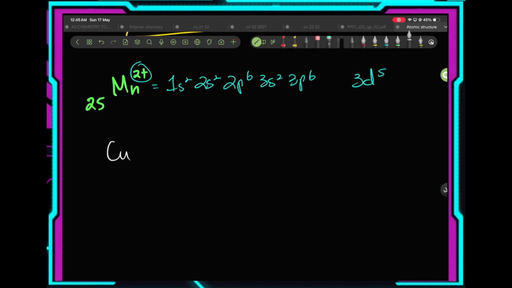Even in case of copper or chromium, which are the special cases, you don't just start removing electrons. You write the most stable electronic configuration that includes the excitation of electron and the flipping of 4s and 3d. After you're done with that, just remove the outermost electrons. So never rush it.